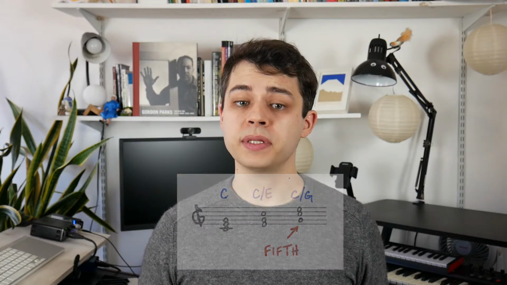For all the similarities between inverting intervals and inverting triads, there is an important difference between the two. With intervals, an inversion always ends up creating a different interval in terms of both size and quality.